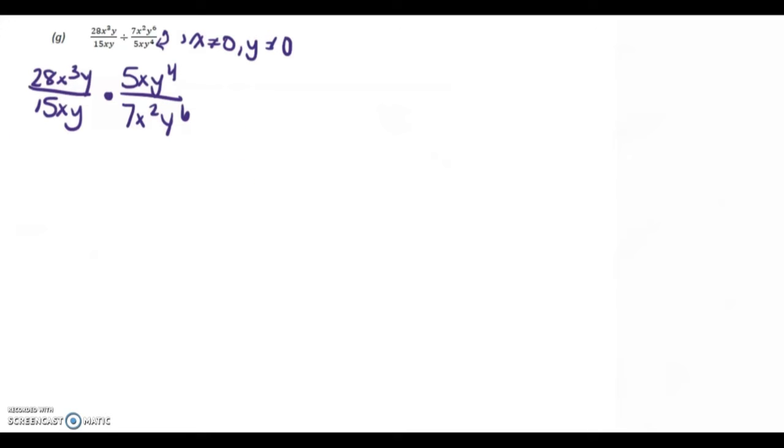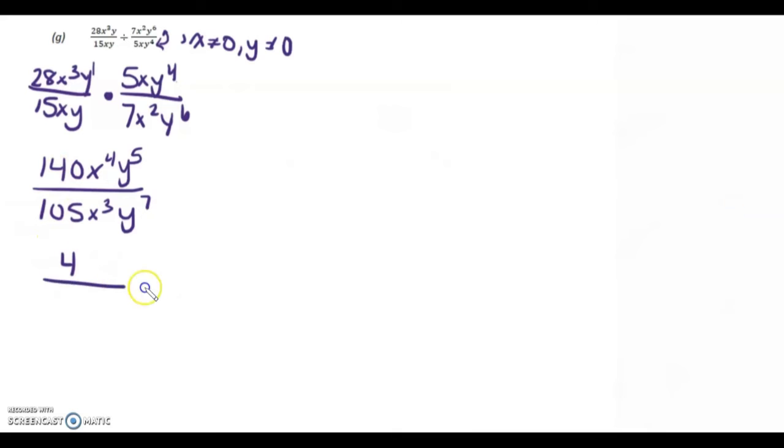Okay, 28 times 5 is 140. X cubed times x to the 1, we get x to the 4, and then we get y to the 5, right? 1 plus 4. 15 times 7 is 105. We get x cubed and y to the 7. If we divide 140 by 105, we get 4 over 3.